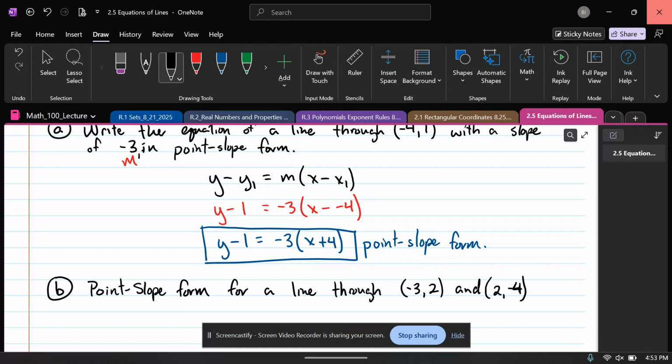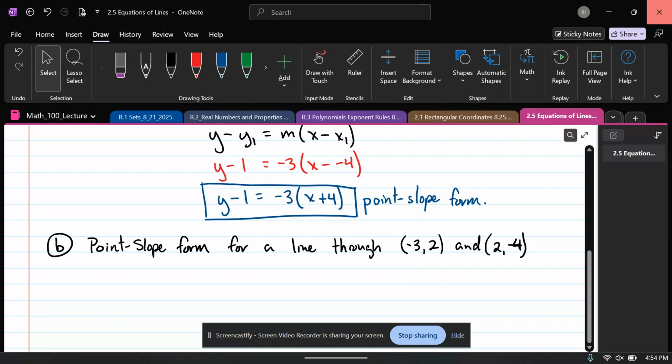But Mr. Isbell, you just said that they have to give me a slope and a point for me to put it in slope-intercept or point-slope form. They didn't give me a slope, but they gave me 2 points. So I can get a slope from 2 points.